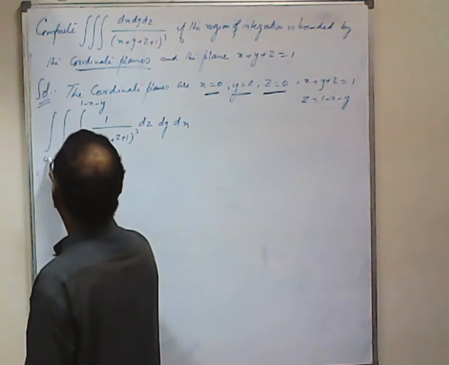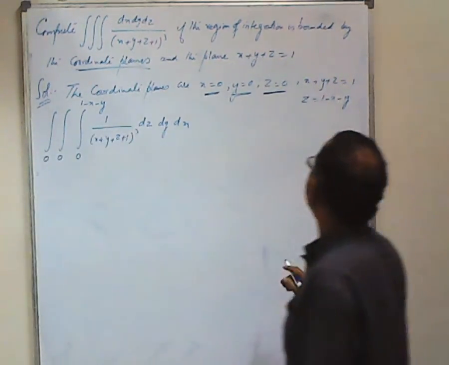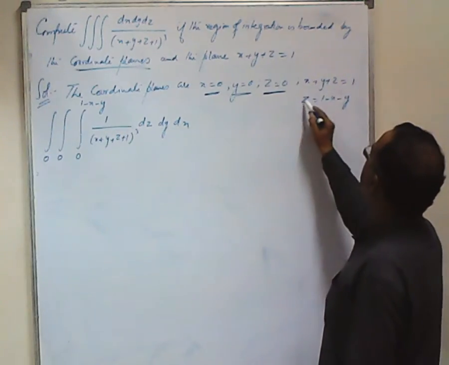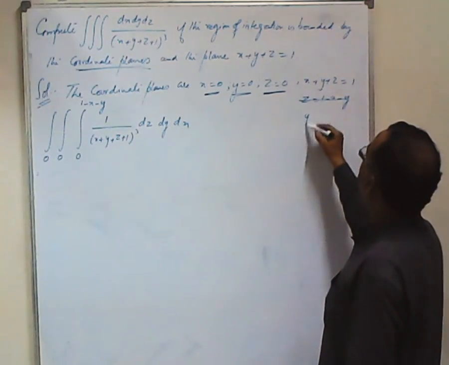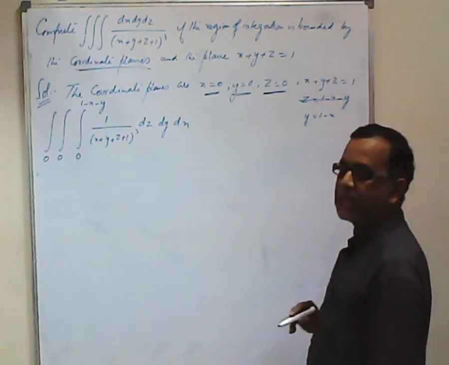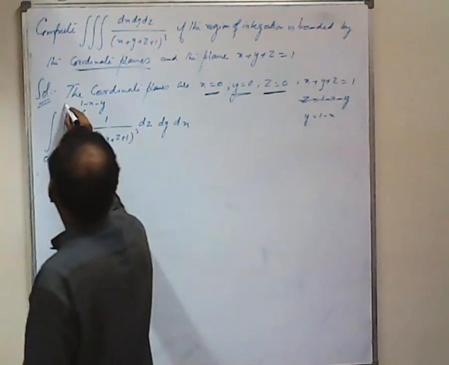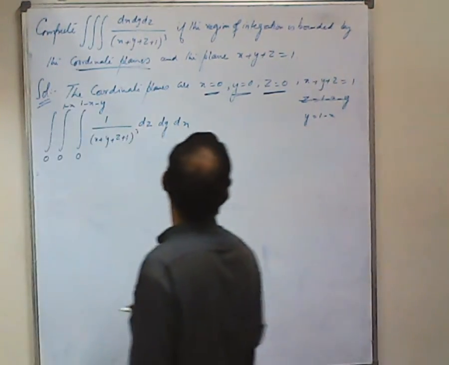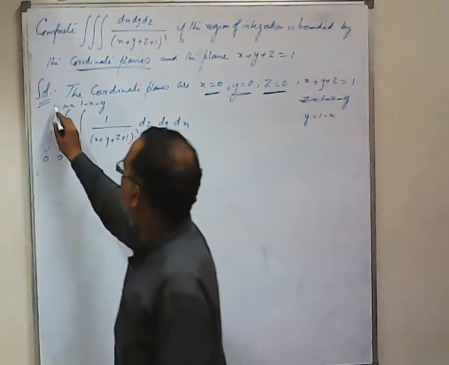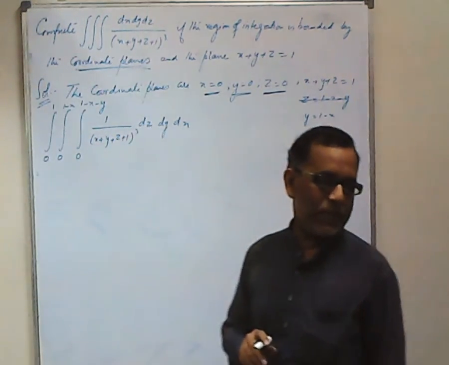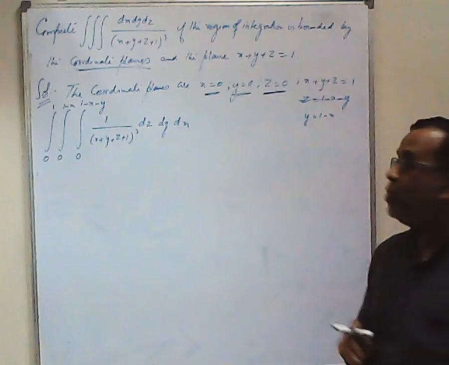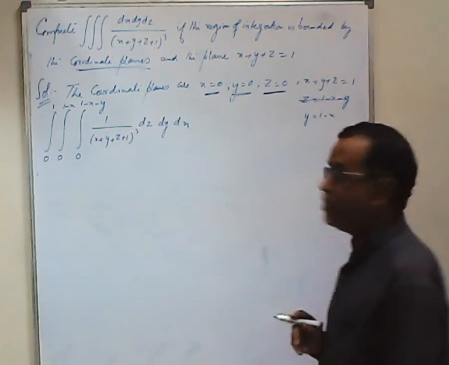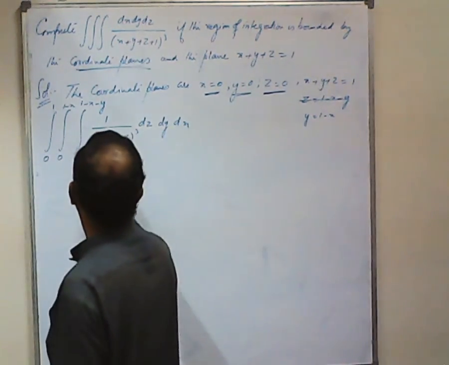Here we have 0, here we have 0. Once z is not there, then we have y equal to 1 minus x. The second limit of y is 1 minus x. And if y is also not there, the limit of x will be 1. So we have 0 to 1, 0 to 1 minus x, and 0 to 1 minus x minus y.